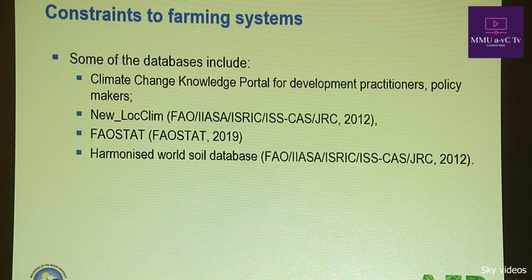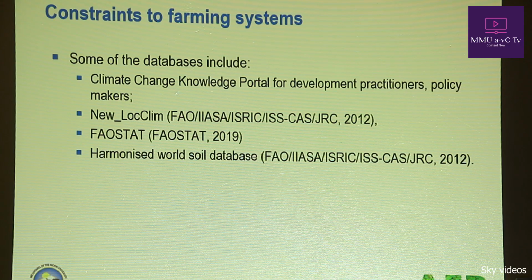The new LOCLIM is going to especially give you the climate data for the different localities. When you click on a particular continent or country, it will be able to give you how much annual rainfall, can give you data for 10, 20 years, depending on how you would like to search from this database.